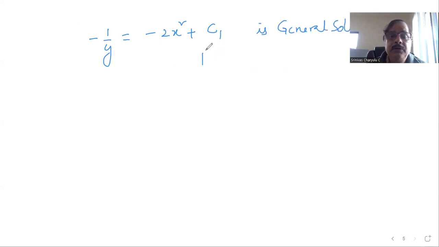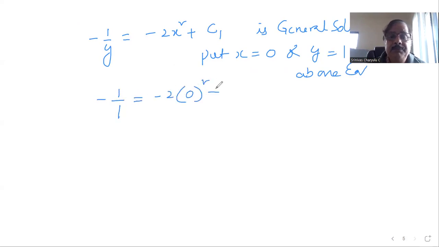Now what we do? Put x is equal to 0 and y is equal to 1 in the above equation. What you will get? Minus 1 by 1 equals x value 0 plus c1. So c1 is therefore equal to minus 1.